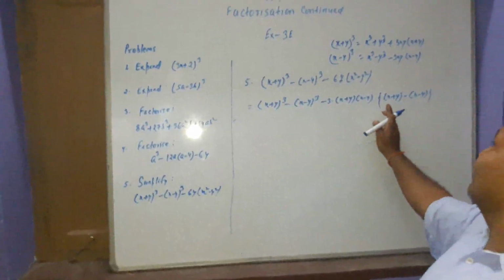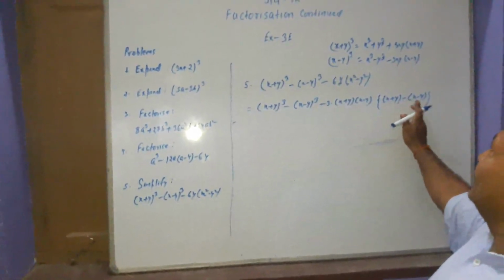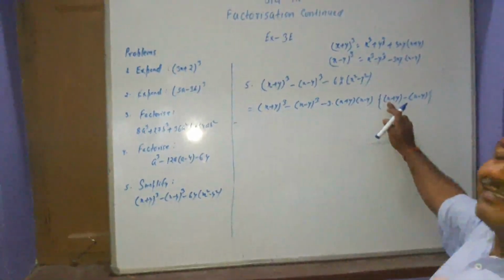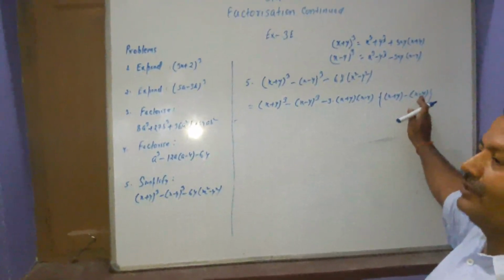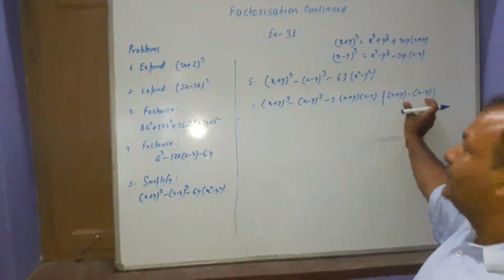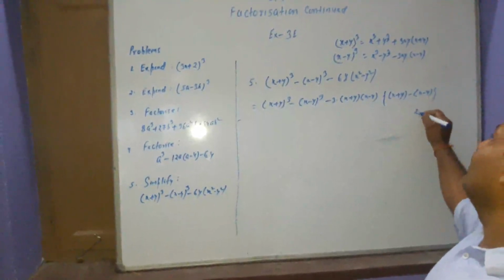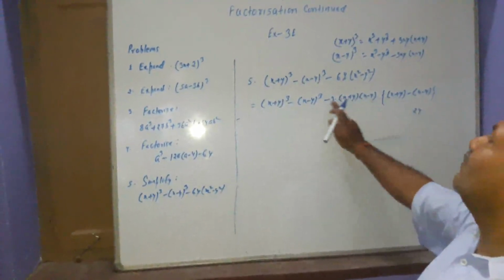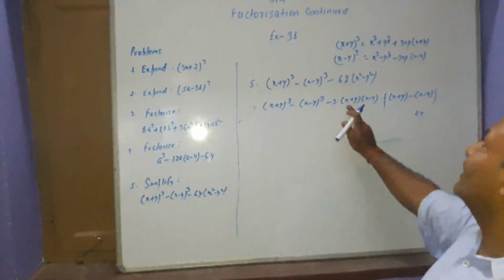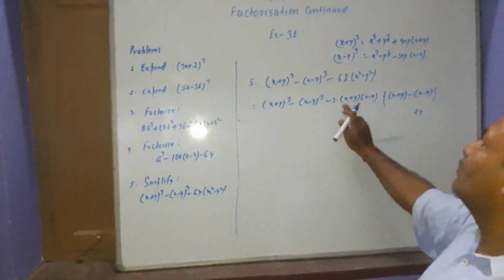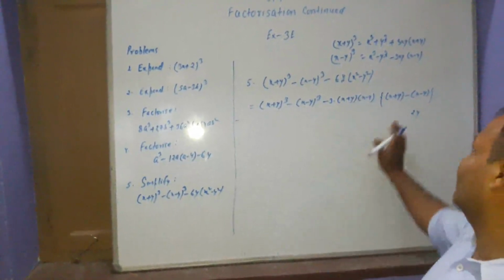When we do this, we find x minus x, x will be cancelled. Now we are left with y plus y, 2y. When this 2y will be multiplied by 3, it will become 6y. And this is x square minus y square.